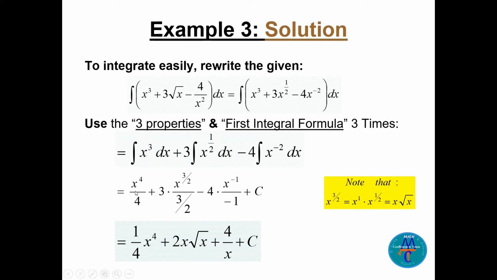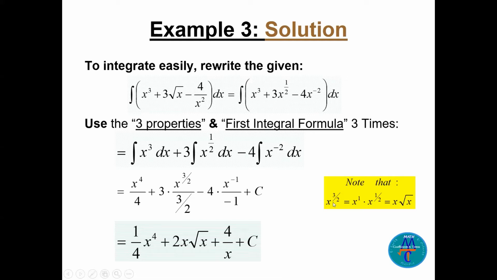So this will be 1 over 4 x to the power 4, plus 3, and this is divided by 3 over 2, which is 2 over 3, so there will be 2 there. X to the power 3 over 2, you can write it as x square root of x, or you can leave it if you like. But I just put an idea here.